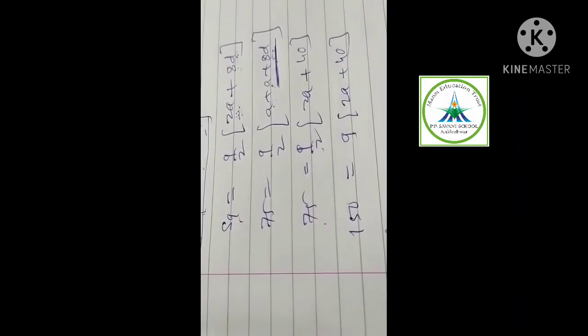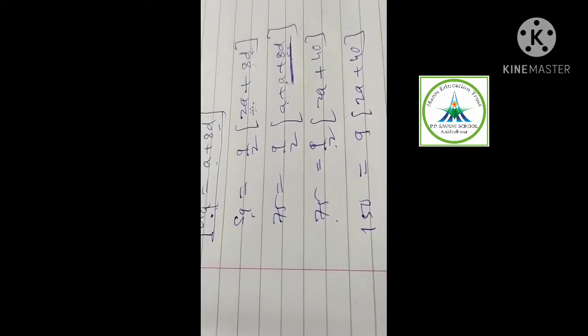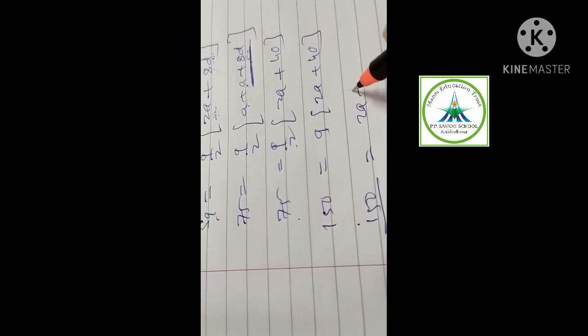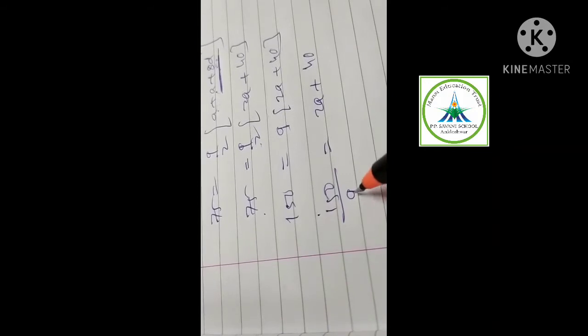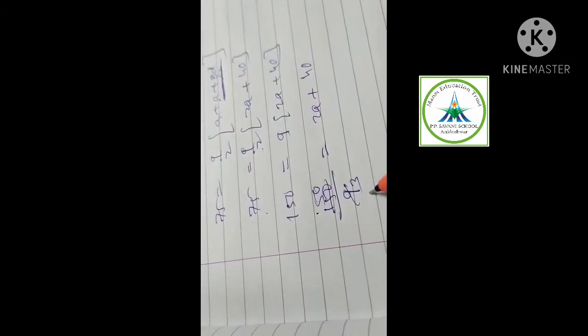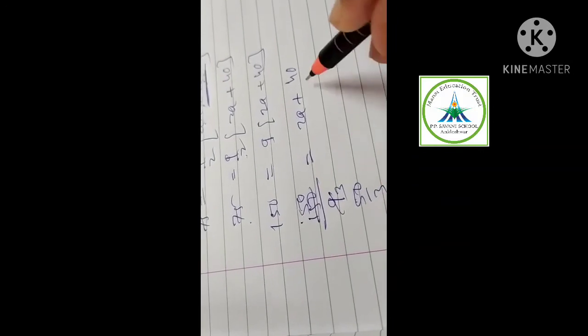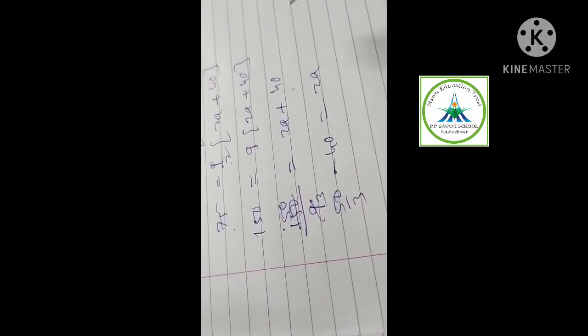This 9 also comes this side, 150 upon 9 equals 2a plus 40. Now see, this is cancelable by 3. 3 3s are 9, 3 5s are 15, so 50 upon 3. 40 comes this side, minus 40 equals 2a.